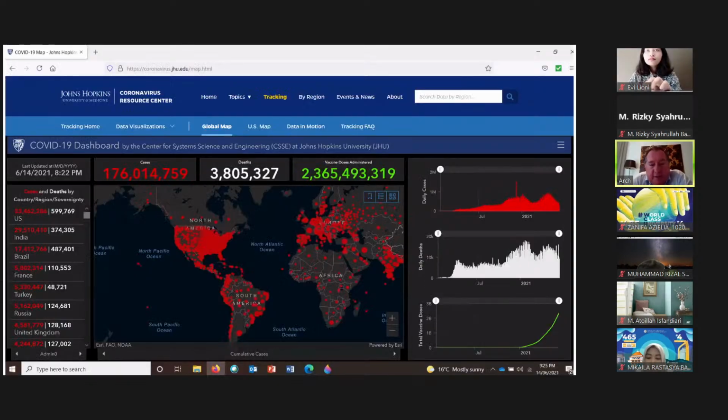Here we have the Johns Hopkins dashboard for coronavirus. This is probably the most influential, the most heavily utilised online data source for COVID-19. And you can see that right at the centre of this dashboard is a map.